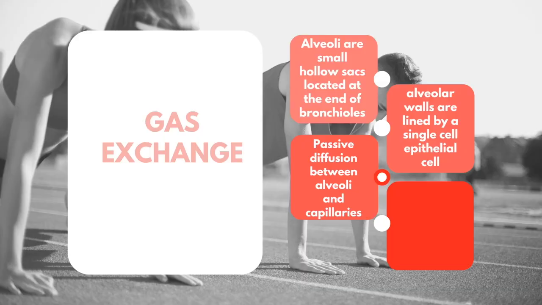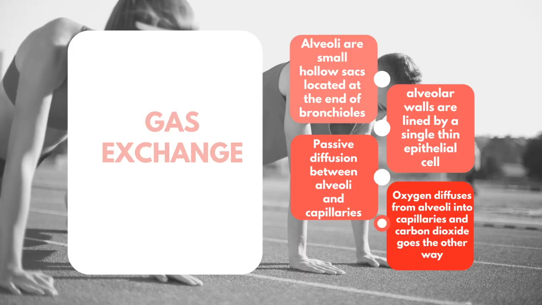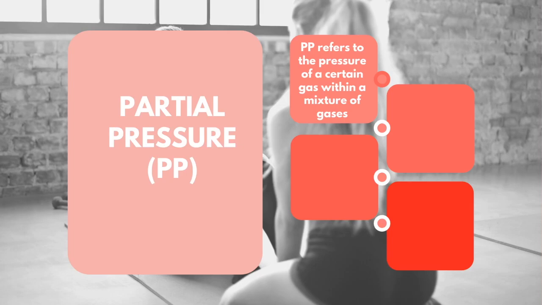If you look at this balloon, it's full of air. The pressure inside the balloon is very, very high. The pressure outside the balloon is lower. So when you let go, all of the air, without any energy, leaves the balloon. This is the same process that takes place between our alveoli and the capillaries. Oxygen diffuses from the alveoli into the capillaries, and carbon dioxide goes the other way.